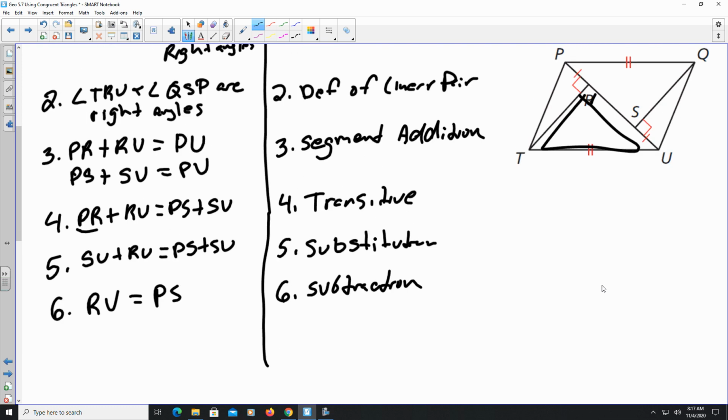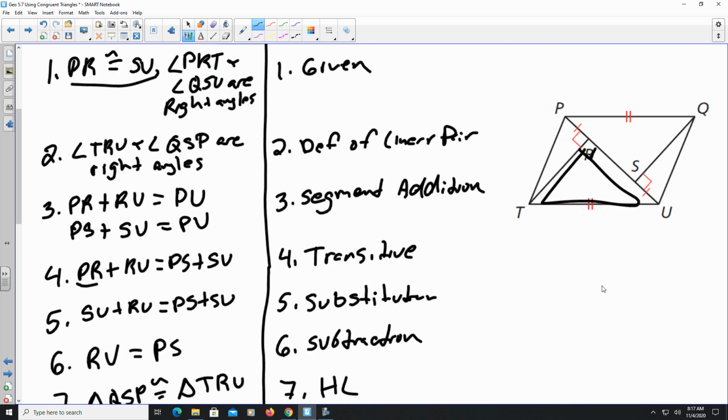So now I know that triangle QSP is congruent to triangle TRU because of hypotenuse leg.